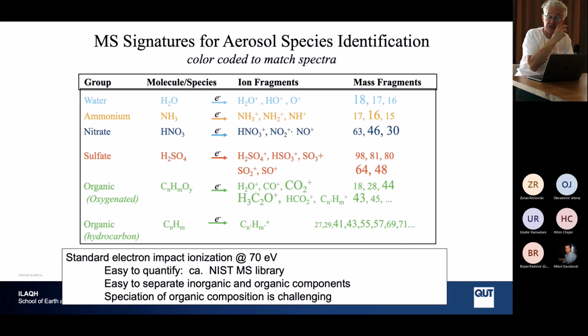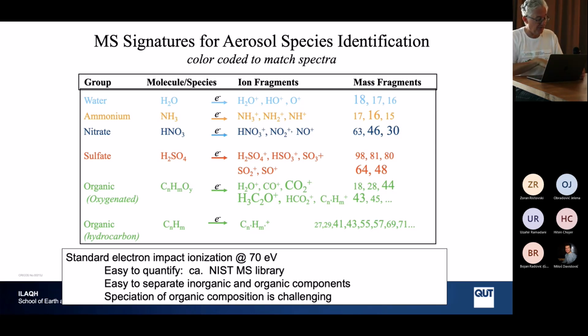And what you usually detect: for water, we usually detect H2O+, HO+, and also oxygen, so we can detect water fragments at masses 18, 17, and 16. Most likely the ammonia at 17, 16, 15, nitrates at 63, 46, 30 m/z, etc. We cannot detect a single component, we detect mass fragments.